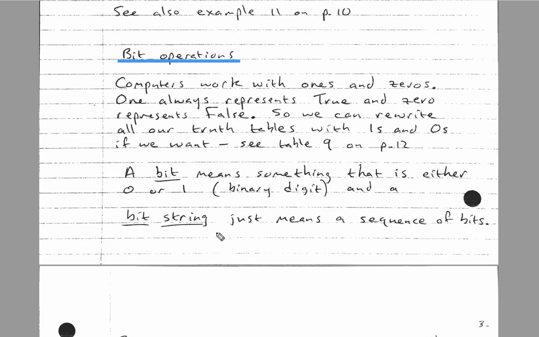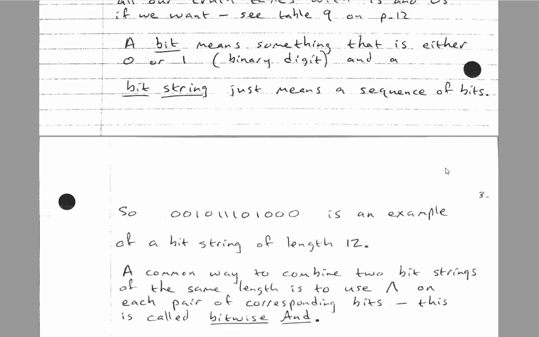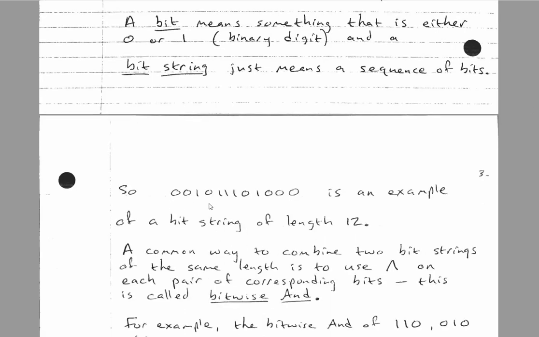And a bit string is just a sequence of bits. So here's a bit string, just zeros and ones of length 12. Okay, so 12 bits, but they could be any length.